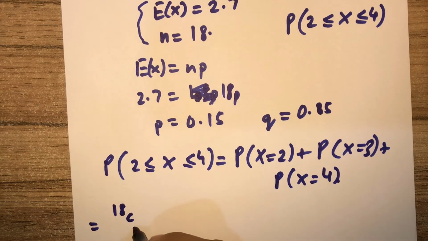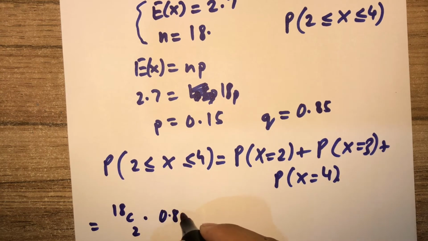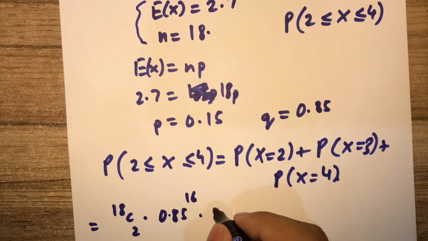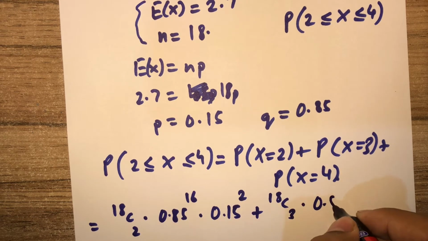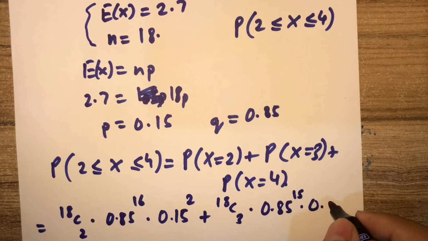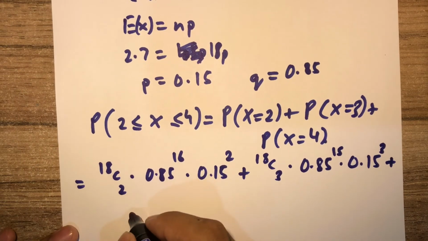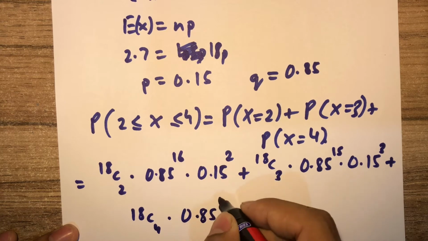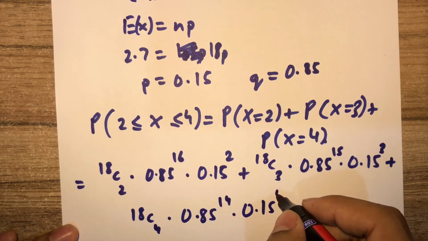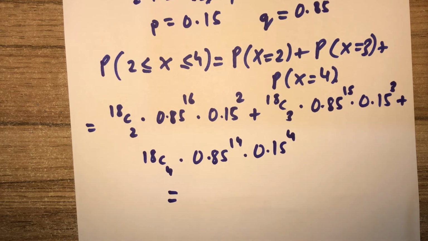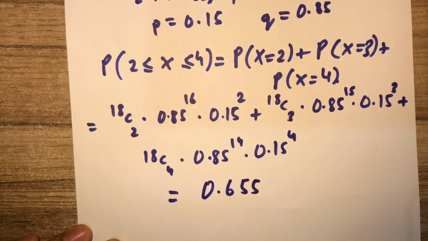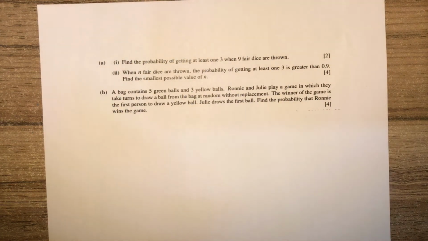So 18C2 times 0.85 power 16, 18 minus 2 is 16, times 0.15 power 2, plus 18C3 times 0.85 power 15 times 0.15 power 3, plus 18C4 times 0.85 power 14 times 0.15 power 4. This is equal to 0.655.